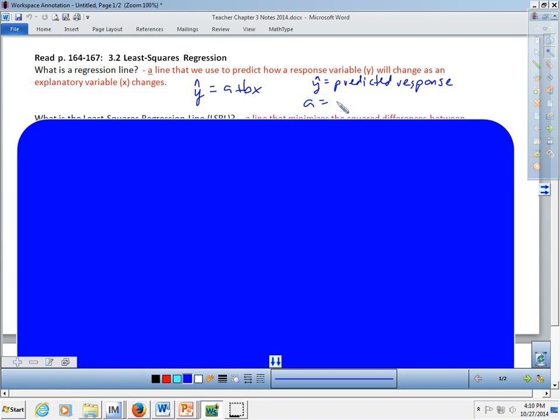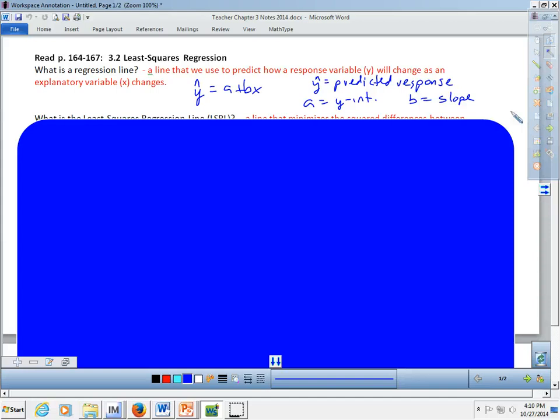a is our y-intercept. Okay, if you're looking at the y equals mx plus b model, it's a little confusing, but a typically is what we'll reserve as our y-intercept, and b is the guy next to the x, and so b then obviously becomes the slope. Okay? We'll talk about how to interpret the y-intercept and the slope because we want to interpret everything in just a minute.